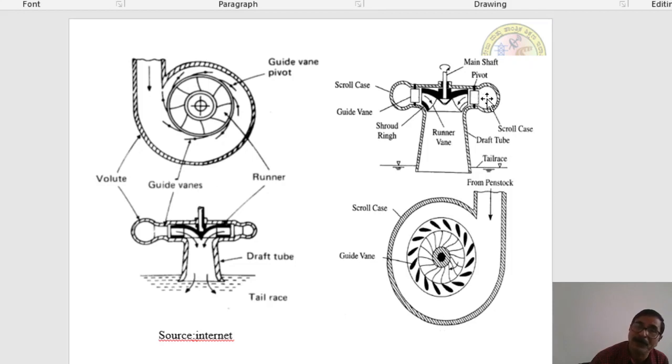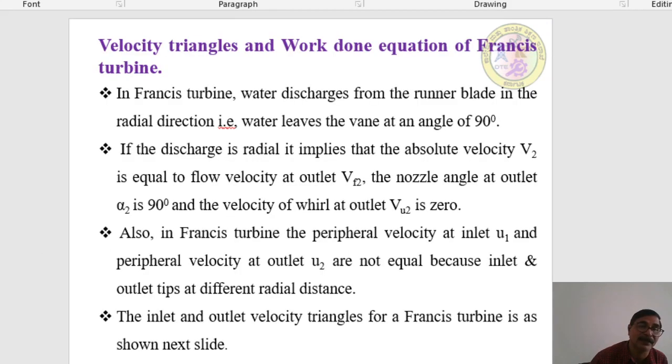Now look here, water enters radially and leaves axially. Hence, it is called a radial inward flow. Water enters radially and leaves axially at the center. This is the function or working principle of Francis turbine.